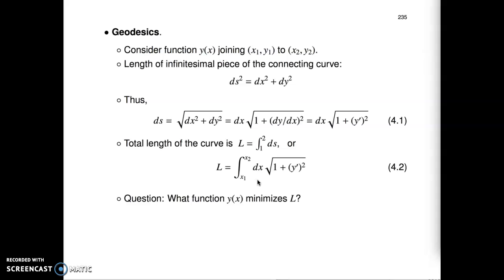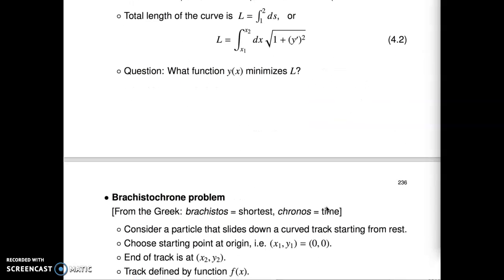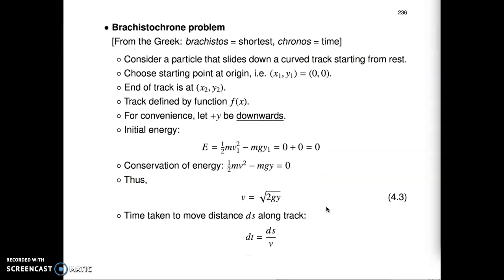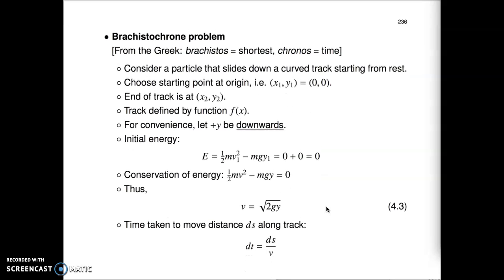Okay. Well, if you think about that, you probably realize you don't know how to answer this question. Okay, but we will find out how to answer this question. Let's leave that for the moment. Okay, so that's an example of an extremum problem that I want us to be able to solve.